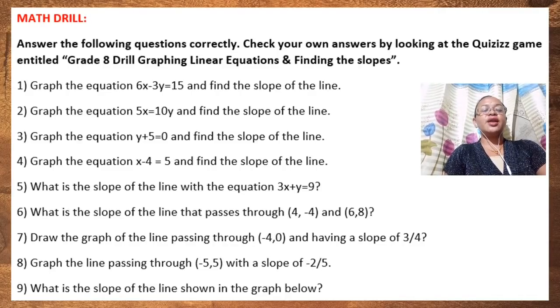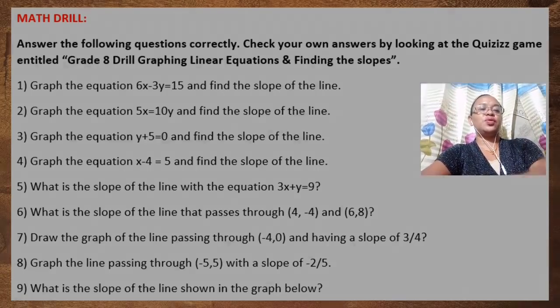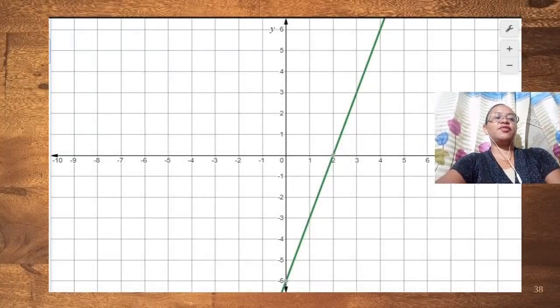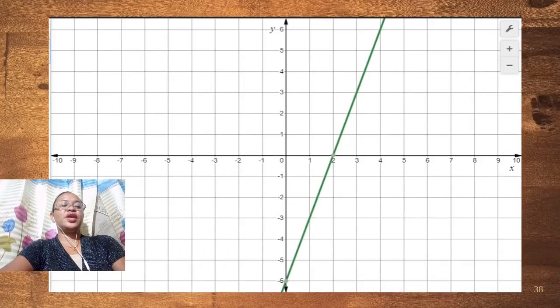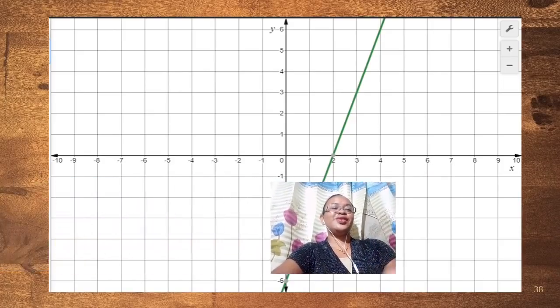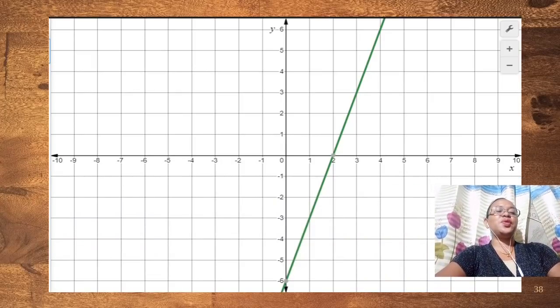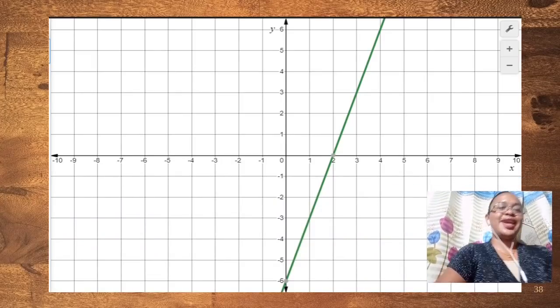And number 9, what is the slope of the line shown in the graph below? Okay, here is the graph. What is the slope of this line? I already taught you how to find the slope when you are given a line, so I hope you will be able to answer these.